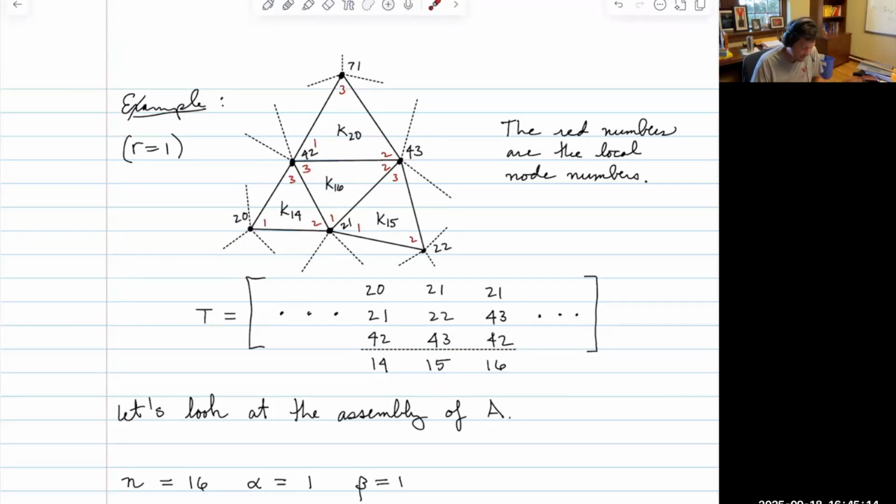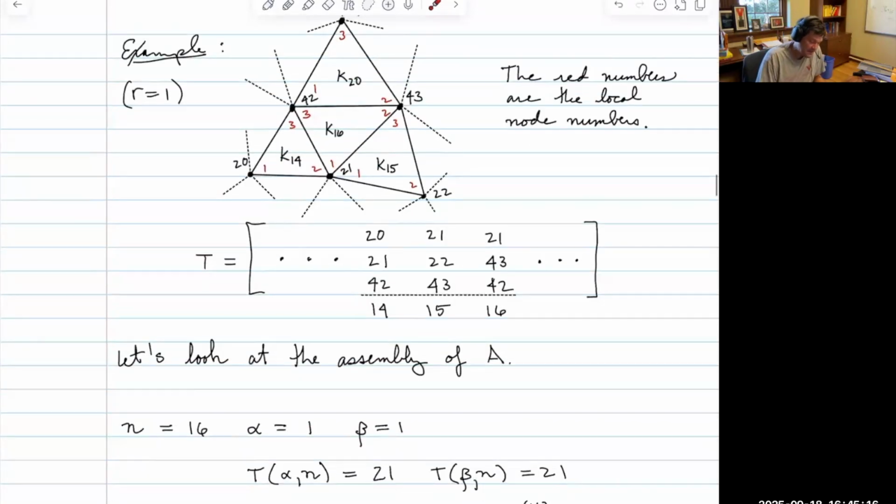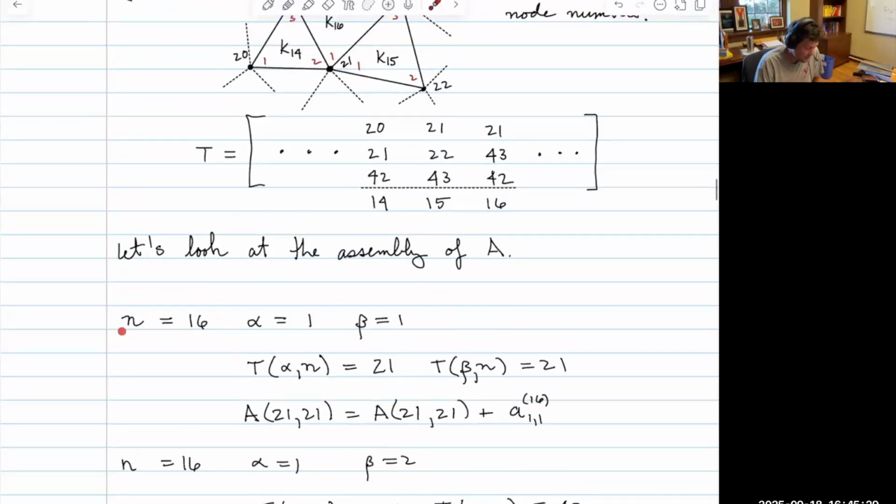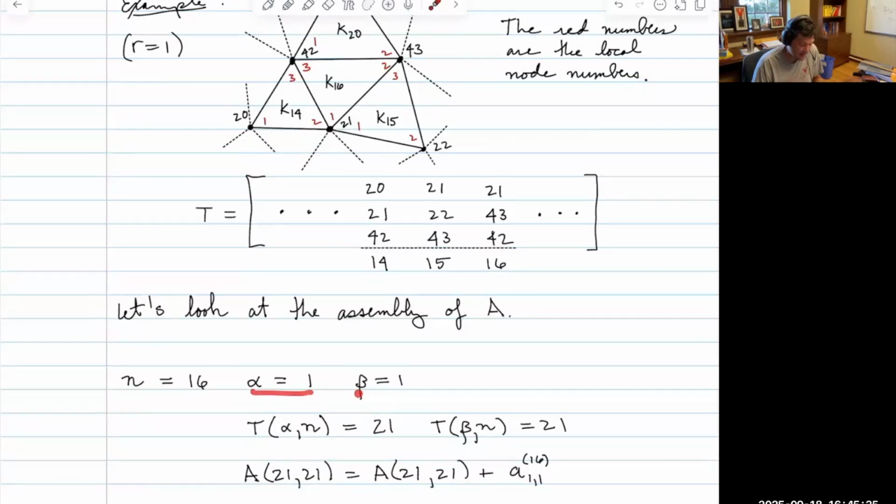They're there implicitly. Now let's look at the assembly of A associated with this mapping and how it's used. So suppose we're cycling through the triangles and we come to triangle number 16. Well, then we're going to do first alpha equals 1 and beta equals 1. We have two loops, and the first entries that we come to in those two loops is alpha equals 1 and beta equals 1. So T alpha n, so that's alpha is equal to 1 and n is equal to 16.